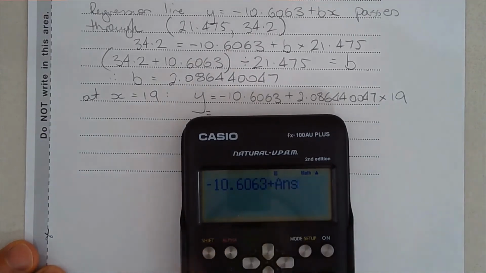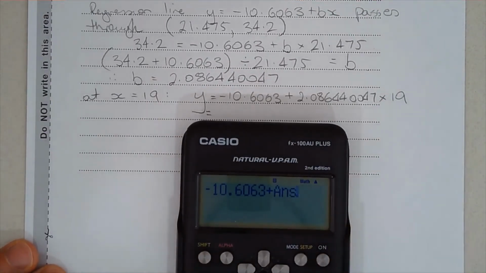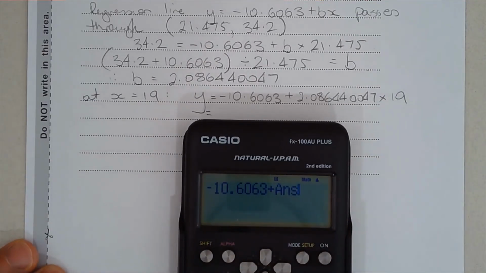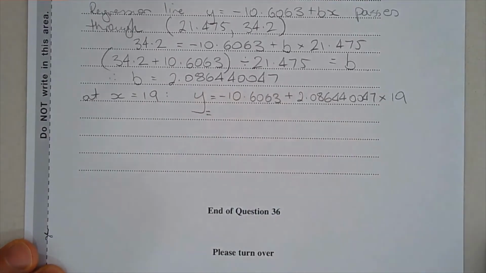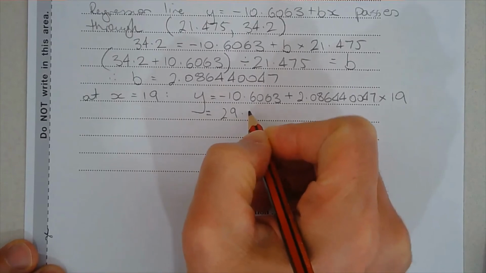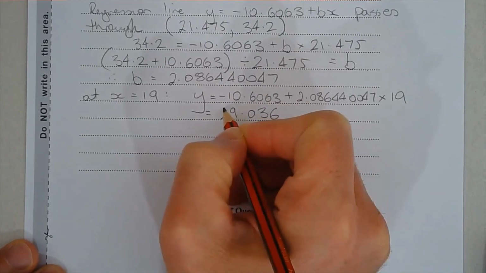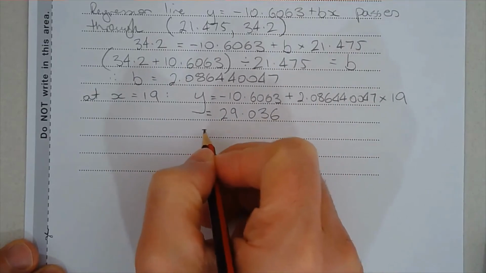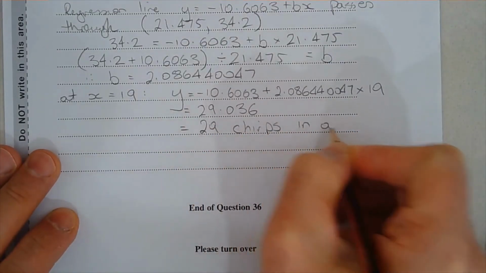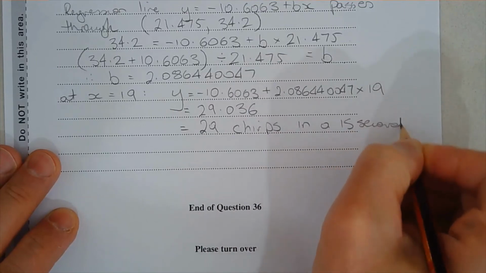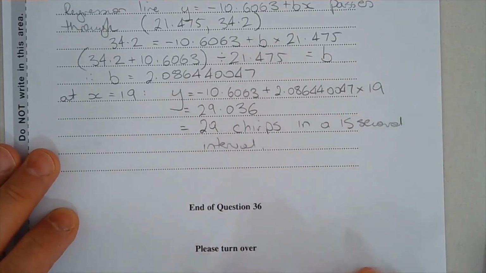The value for b is in the answer memory, so I'm just going to use that. Be very careful using that to make sure it's the correct value, as long as you haven't done any other calculation. Times 19, and we have 29.036. Now to the nearest whole number, we have 29 chirps.